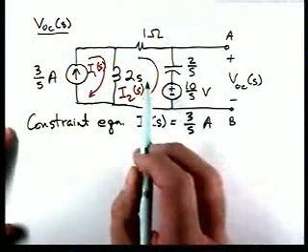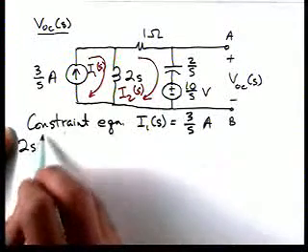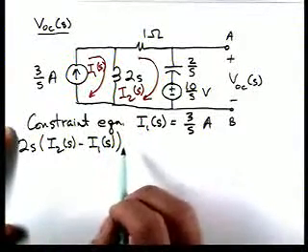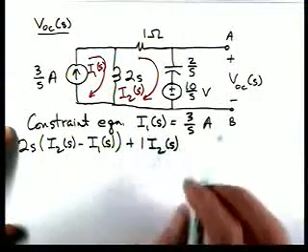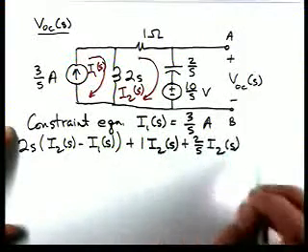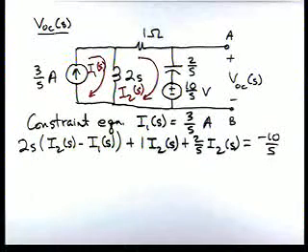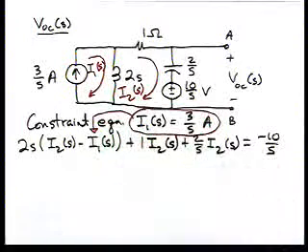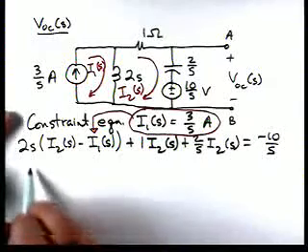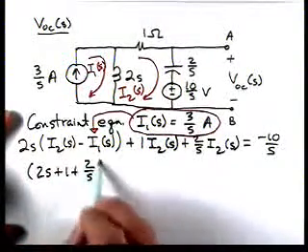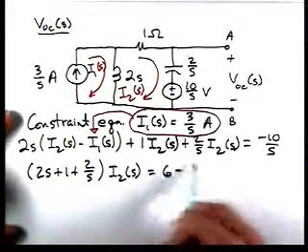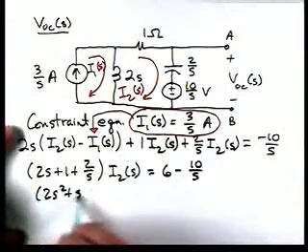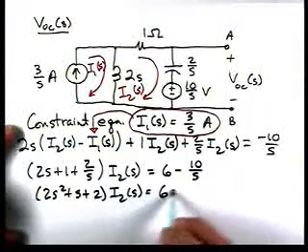Now we need another equation. Let's apply KVL to this mesh, and if we do that, we'll have 2S times I2 minus I1 plus 1 times I2 plus 2 over S times I2 is equal to minus 10 over S. So now let's substitute in here, and when we rearrange some terms, we'll have 2S plus 1 plus 2 over S times I2 is equal to 6 minus 10 over S. If we multiply through by S, we'll have 2S squared plus S plus 2 times I2 equal to 6S minus 10.